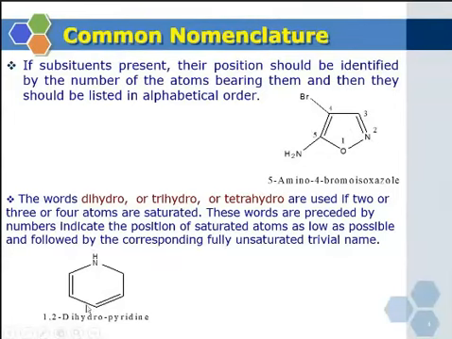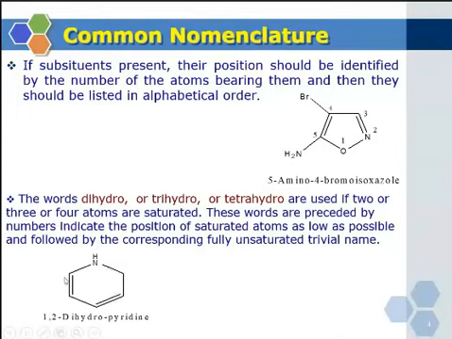Likewise, at times we can see heterocyclic rings where some bonds are saturated. Depending on the number of sides where saturation is there, if a single double bond has been saturated, in that case 2 hydrogens are added.